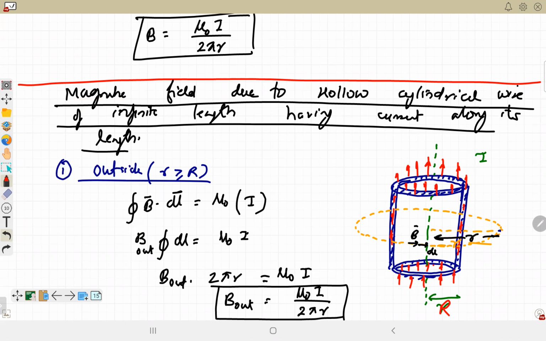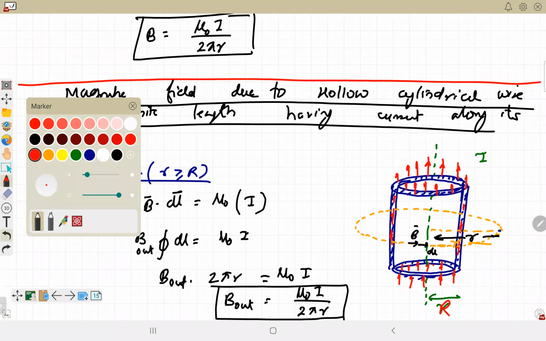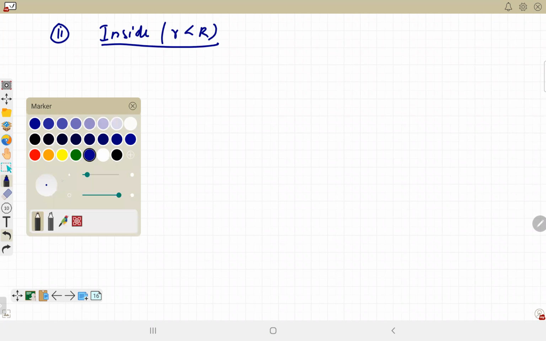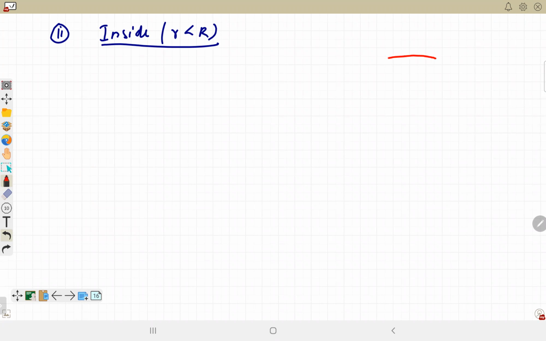Second position is when we take a point lying inside. So all the methods are exactly similar to that of Gauss law, as you can see. Second is when we are inside. तो जब हम सिलेंडर के अंदर किसी पॉइंट पर होंगे, inside r is less than capital R, we have to draw a circular loop again.